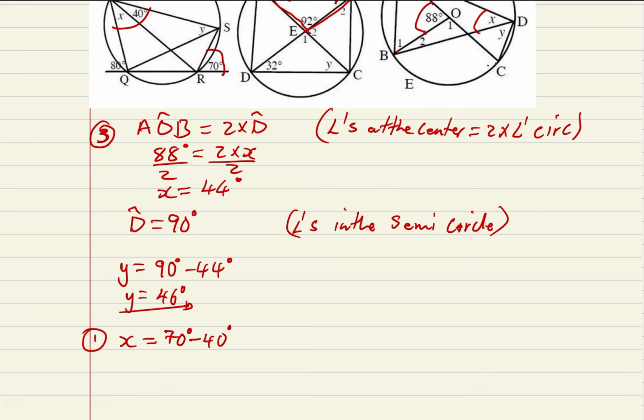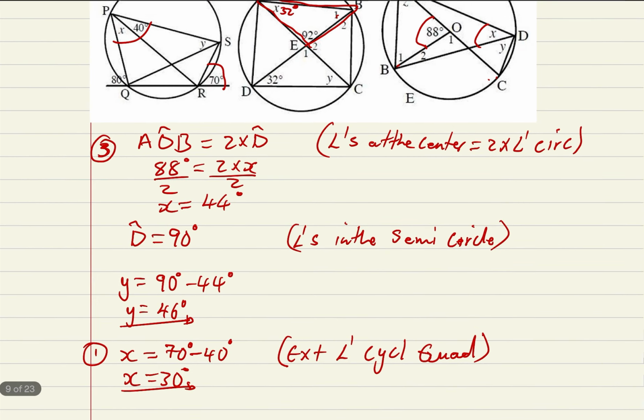Why? This is an exterior angle of a cyclic quad. And I hope you guys are following this one, because this is very important. x is now equal to 30 degrees. That is how we have found x.